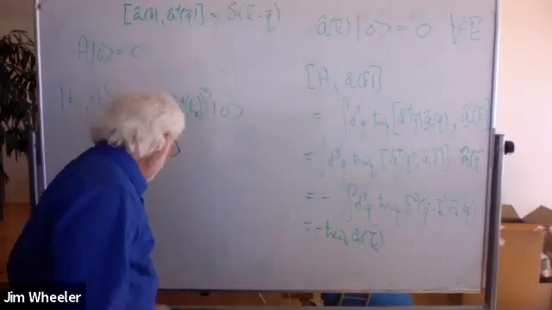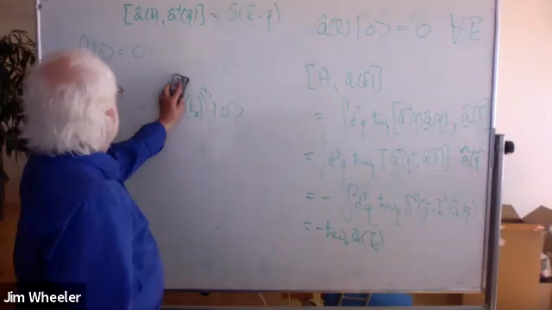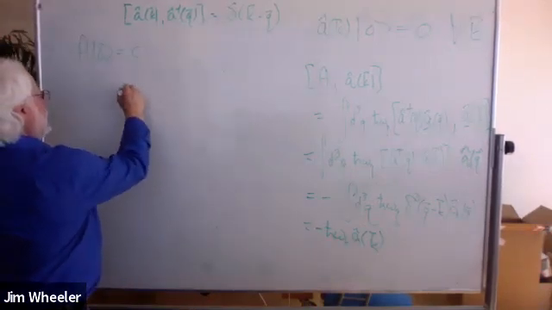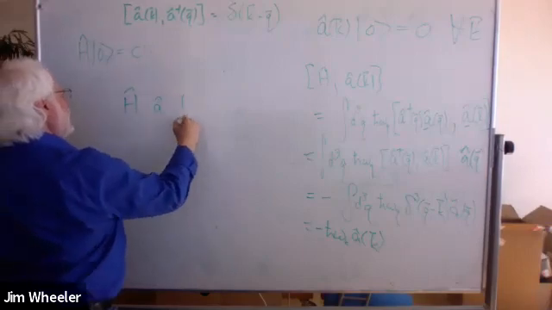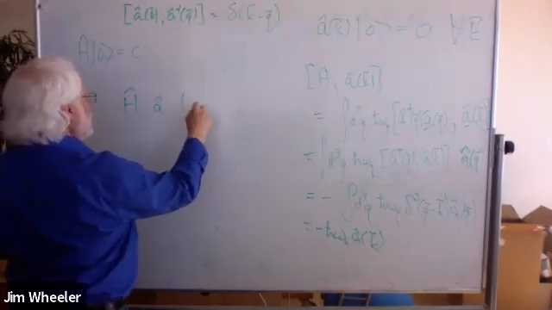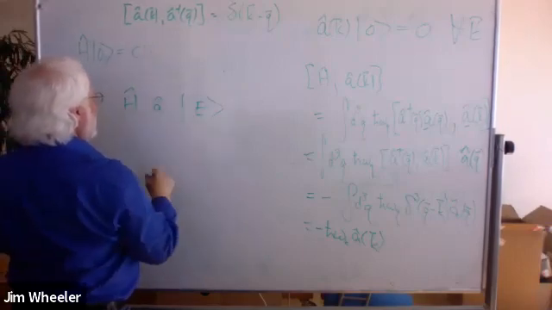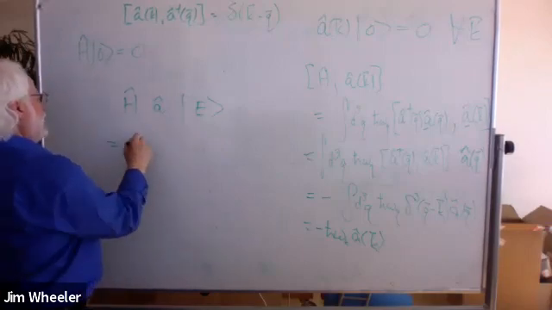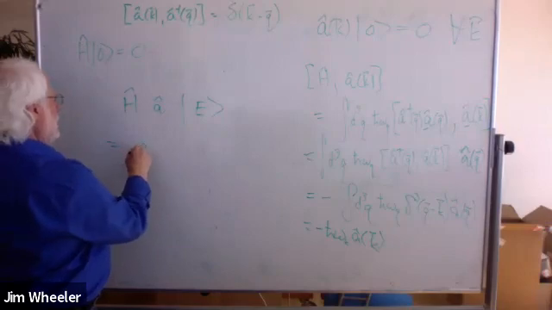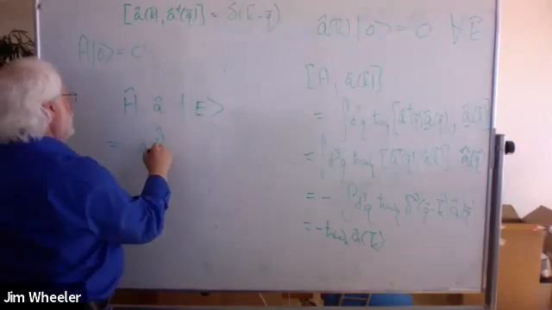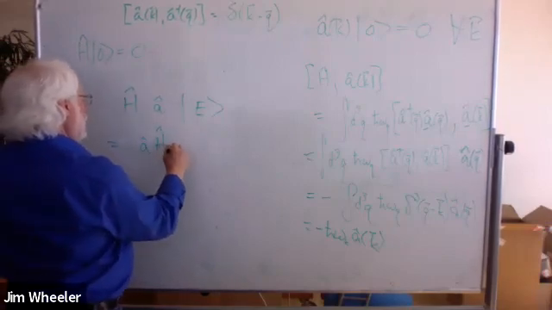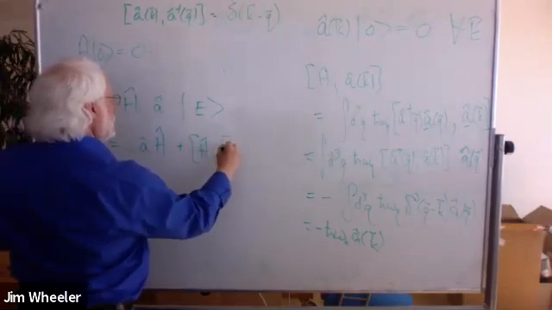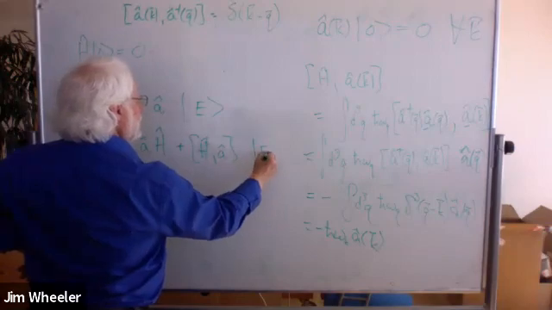And now acting on an energy eigenstate. So if I've got H acting on A, acting on some energy eigenstate, then I can write this as A acting on H plus the commutator of H with A acting on the eigenstate.